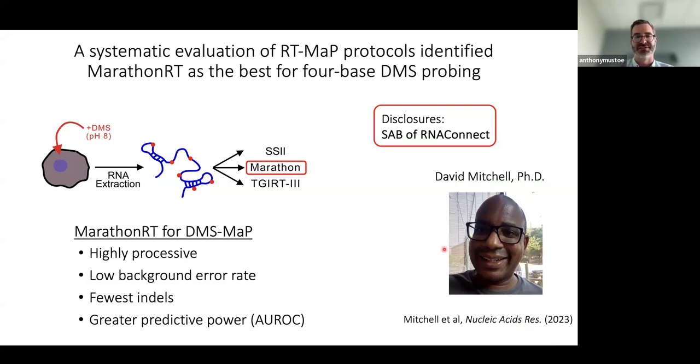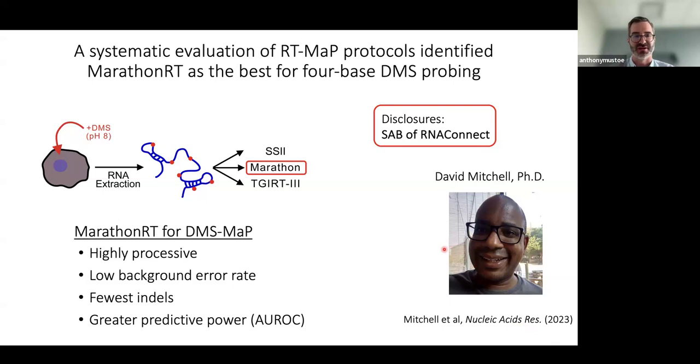What we found was that Marathon RT, which was a new reverse transcriptase that was recently discovered at the time by Anna Pyle, was the best for us for measuring these reactivities at all four bases.